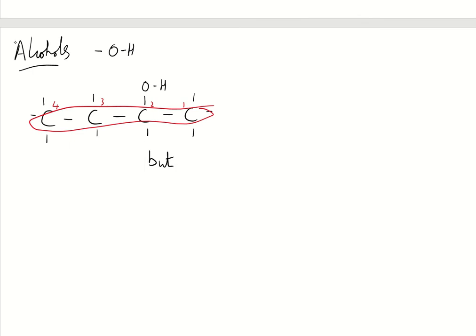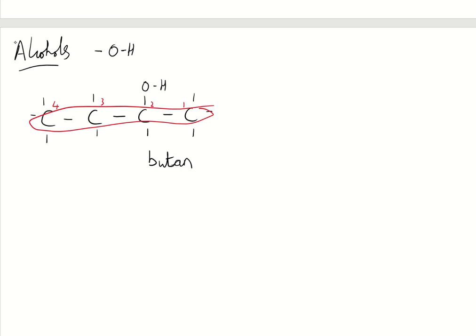Now, it's based on a general alkane backbone in terms of these carbons are all single bonded to each other. So I keep the AN in there, but I get rid of the E because it's not a pure alkane anymore. Instead, we are now the alcohol.